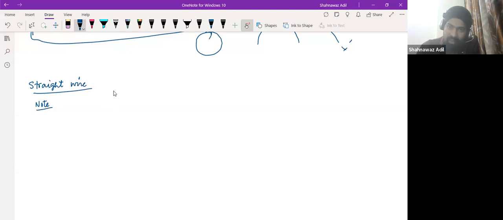Let's say you have this wire, and you are calculating the magnetic field on the line of this wire. So this is the line of the wire, and you are calculating along the line. Can you tell me what would be the direction of displacement, the direction of this dl? What would be theta in this case?